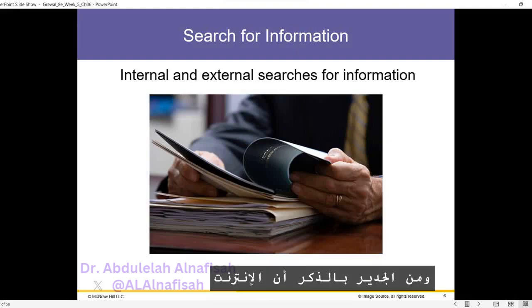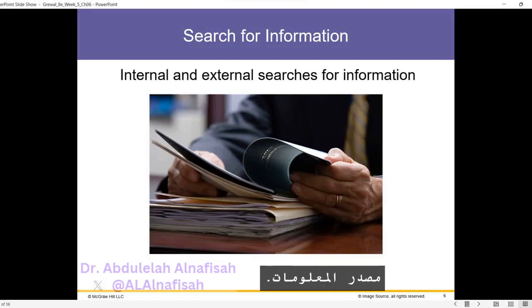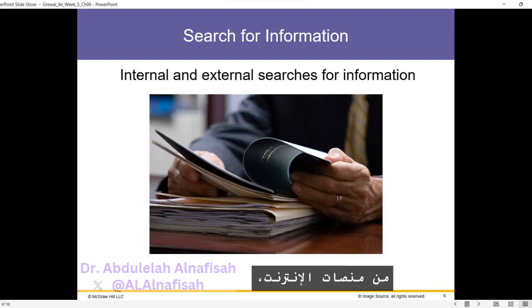It's worth noting that the Internet and digital technologies have significantly expanded the availability and accessibility of external information sources. Consumers can now access a vast amount of information, reviews, and opinions from online platforms, which has transformed the information search process.